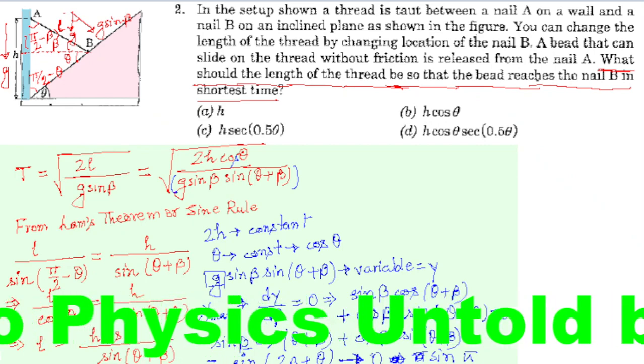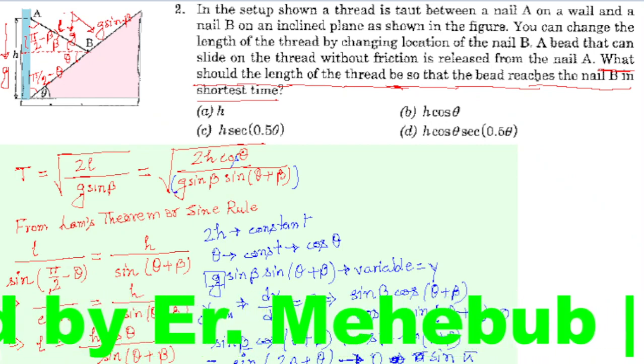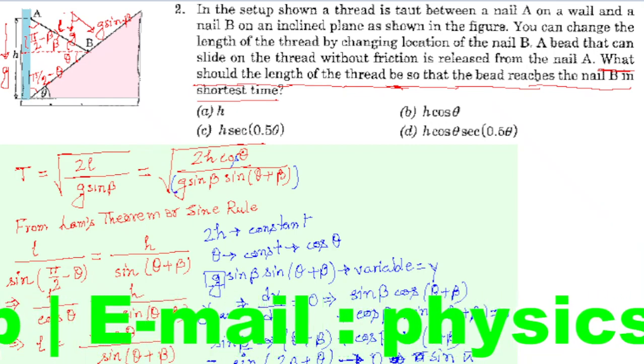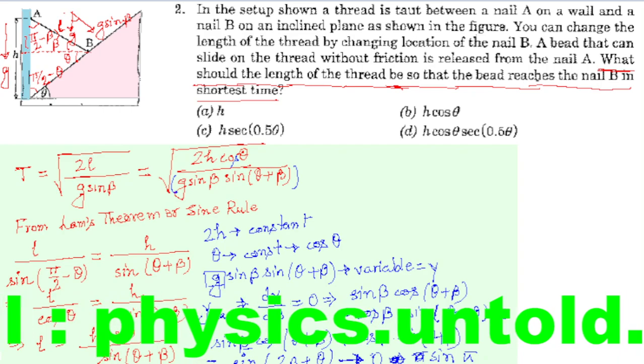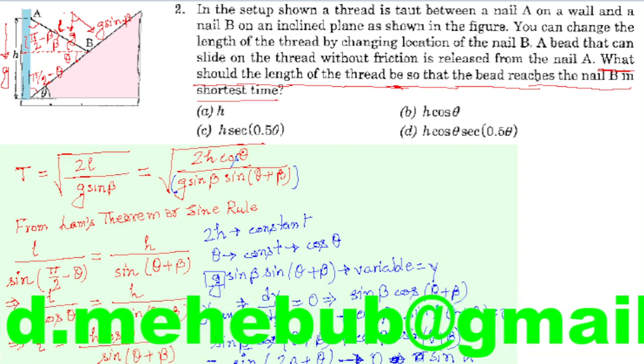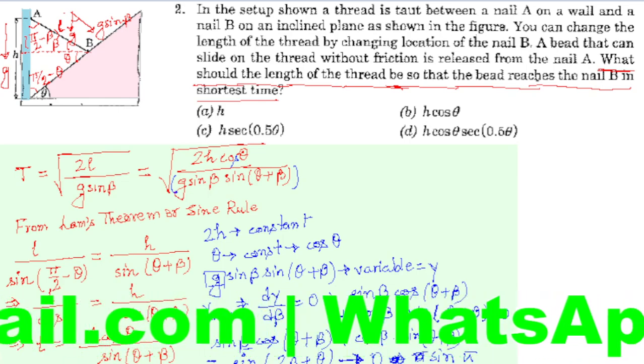Now this angle pi by 2 plus theta by 2 is in the second quadrant, and in the second quadrant sine is a positive quantity, and sine is converted into cosine.